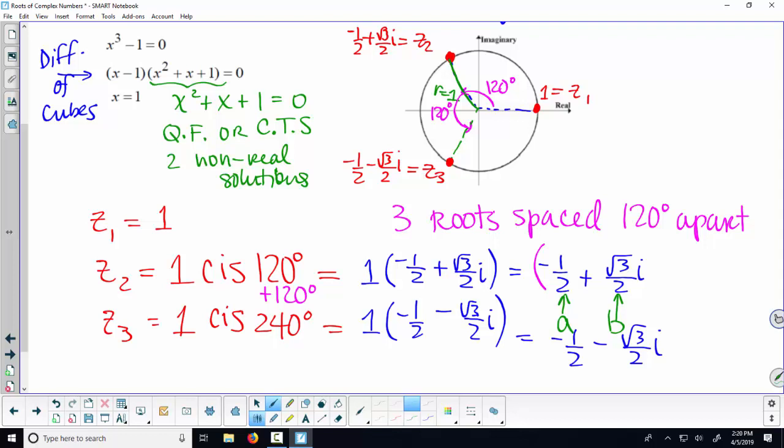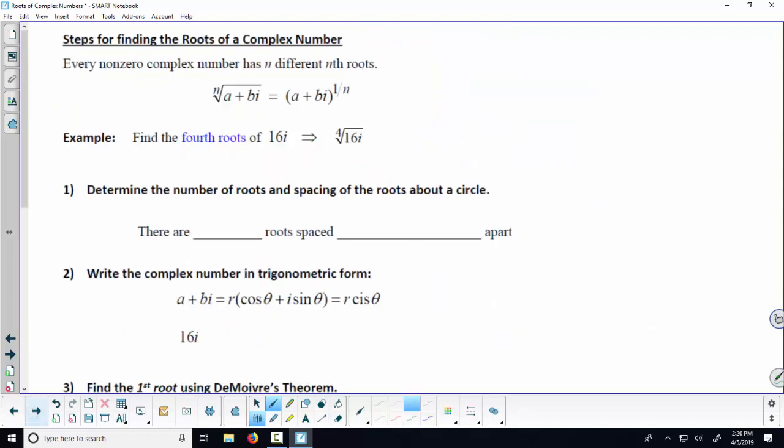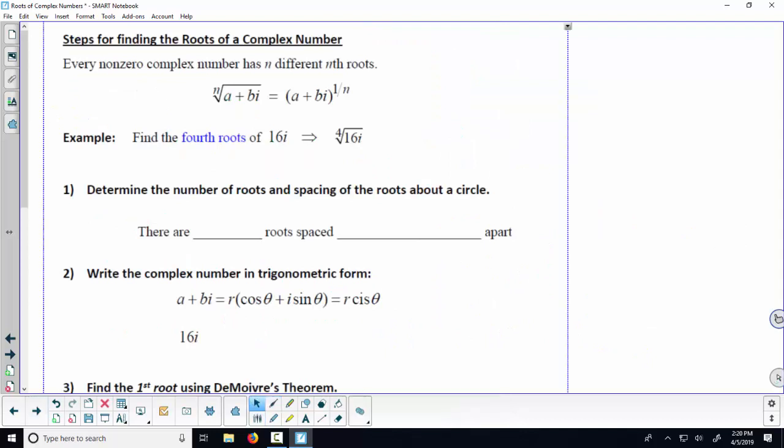that same procedure. So let's go through an example and do the official steps. If you have your guided notes, this is where we're following along. Steps for finding roots of a complex number. Every complex number has n different nth roots, means there's a certain number of roots that you can raise to that power. They are all different.